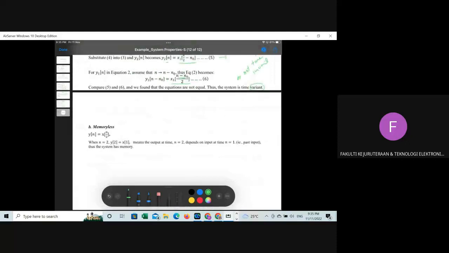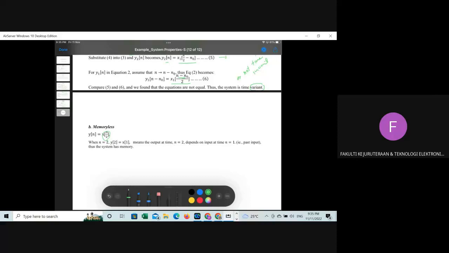And then the last one is again to check for memoryless. Because you have this form n over 2, the easiest way is to use any value. If n is 2, then x is 2 divided by 2, which is 1.